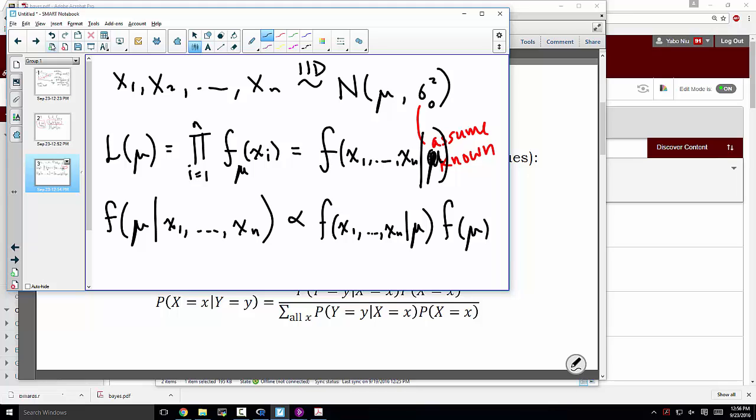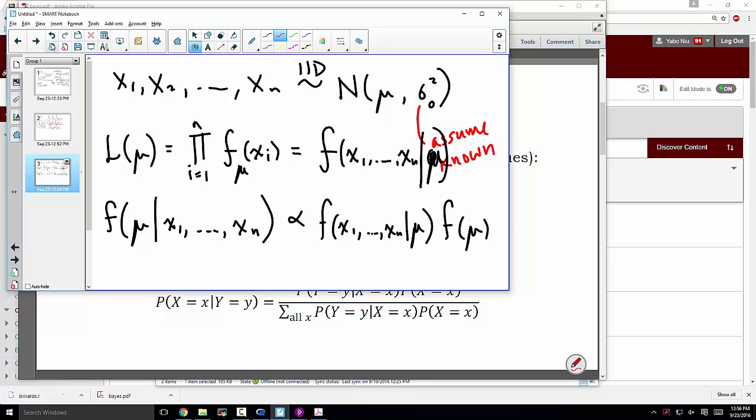Mu, we're used to thinking of as a fixed, unknown quantity. Now we're going to treat it like it's a random variable. If I can come up with that f of mu, which we'll call a prior distribution, then I can apply Bayes' theorem and speak in terms of probabilities for the likely values of the parameter.